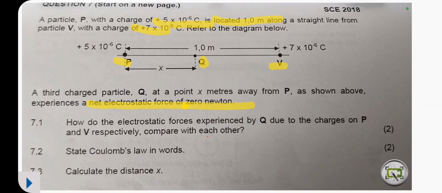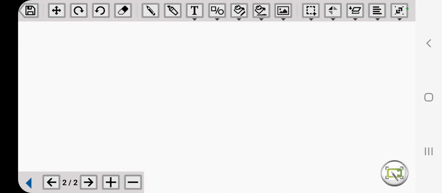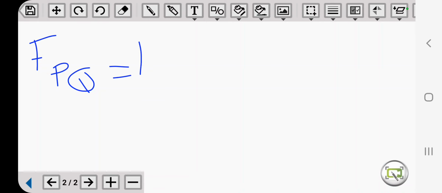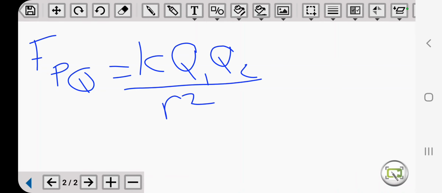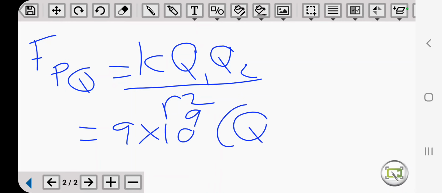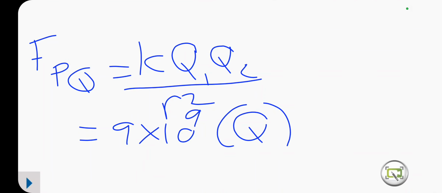We're going to look at the forces between V and Q, as well as between P and Q. Let's start with P and Q. F = kQ1Q2 over r squared, where k is 9 times 10 to the power of 9. We are calculating the distance, which is x.